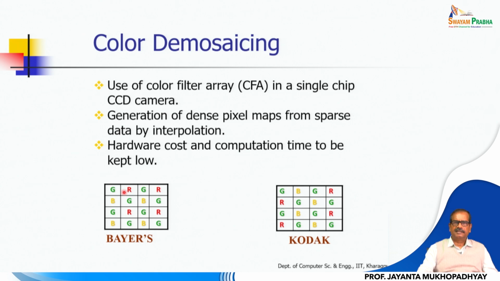This sensing over the spectral bands is interlinked. Suppose at this place it senses only green, and at this place the sensor is sensitive only to the red zone, and this alternates in the first row. In the next row, this place is, say, blue, recording the blue spectral zone.